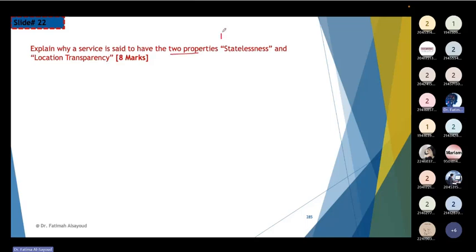What does stateless mean and what does location transparency mean? I'm going to give an example of the language translator. For example, Google Translate. When we go to Google Translate, the translator is a service. It gives us a translation service. And I can also use this service in my website. I can offer the same service on my site.